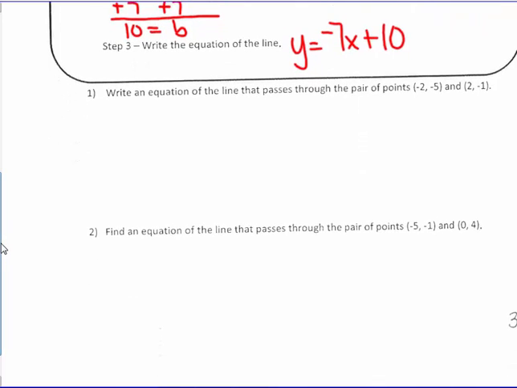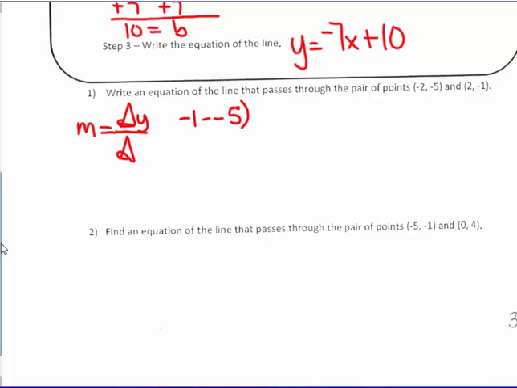Number 1. Write an equation of the line that passes through the pair of points -2, -5, and 2, -1. Okay, first step, find my slope. My slope is equal to delta y over delta x. So my change in my y values, -1 minus -5.